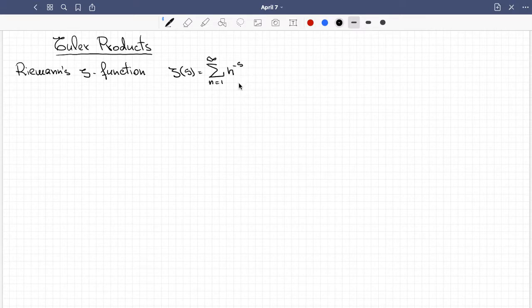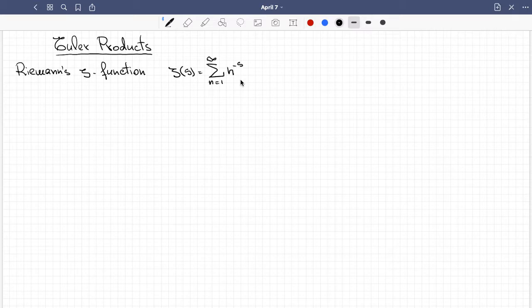This function is interesting from many perspectives, and as you probably know, is one of the central objects in mathematics. We take everything lightly here.